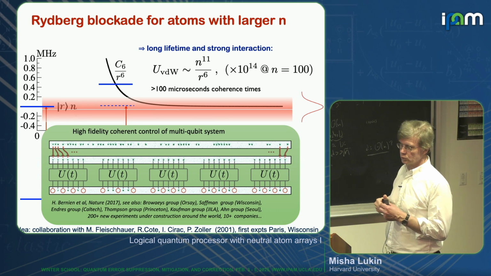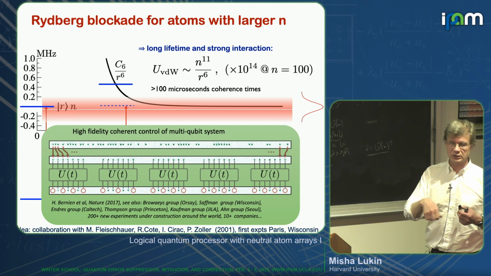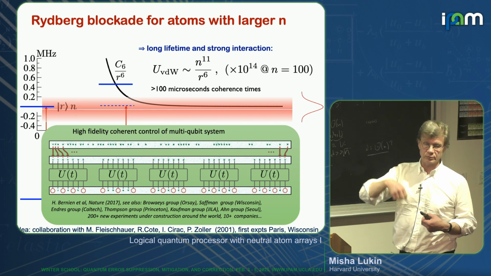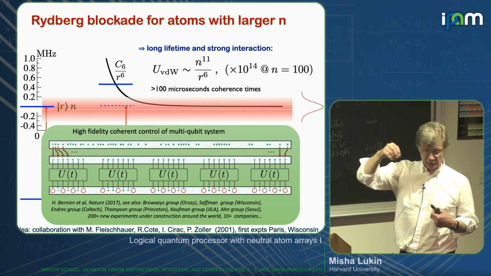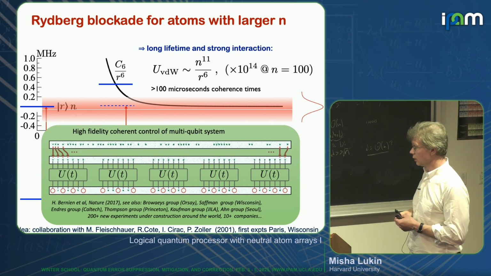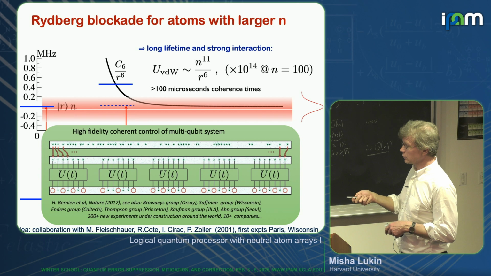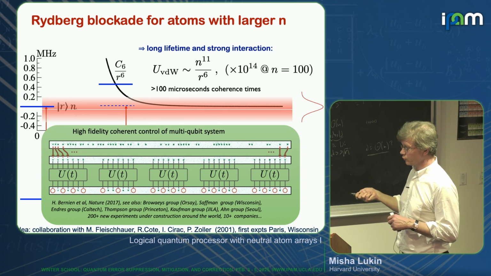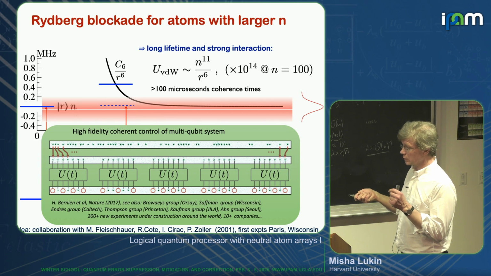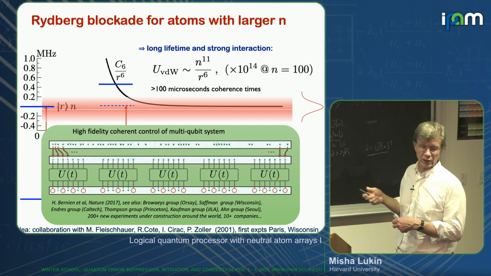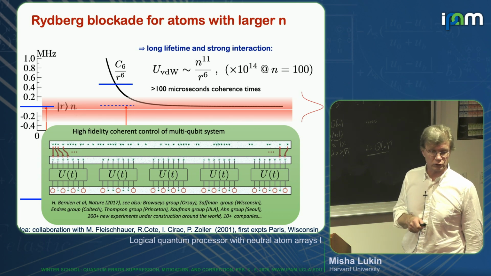Then we'll drive these atoms with laser fields and change the internal states, change their spin states, sometimes excite them to highly excited states. And then at the end, we will make another image of atoms, but here we would make an image in a state-dependent way. That will correspond to this projective result, so it will be a result of our computation.